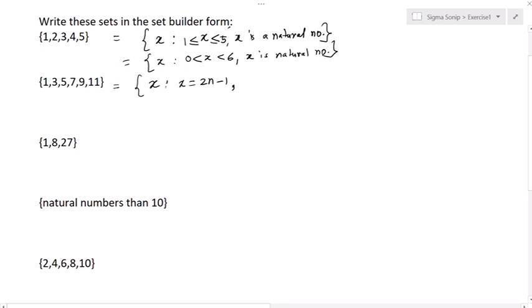I cannot have as many values of n as I want. I just need to cover all these values given here. So I will say n is greater than or equal to 1 and less than or equal to 6. And then again, I need to also say that, okay, I think I'll clean this up, I need to also say that n is a natural number.